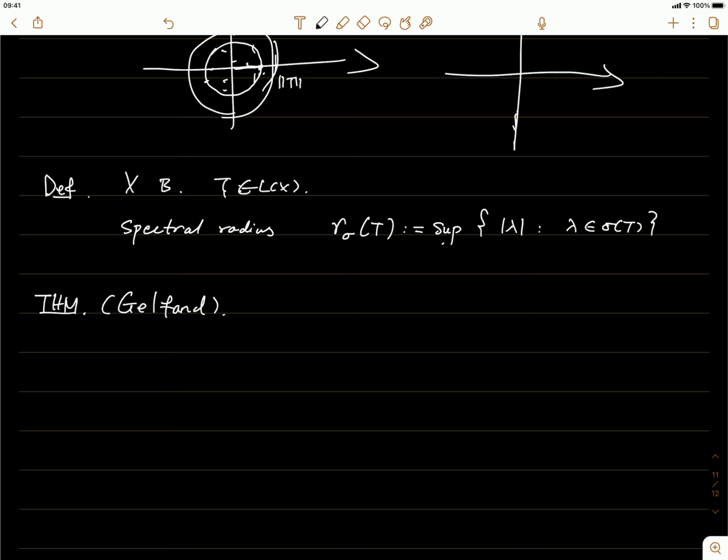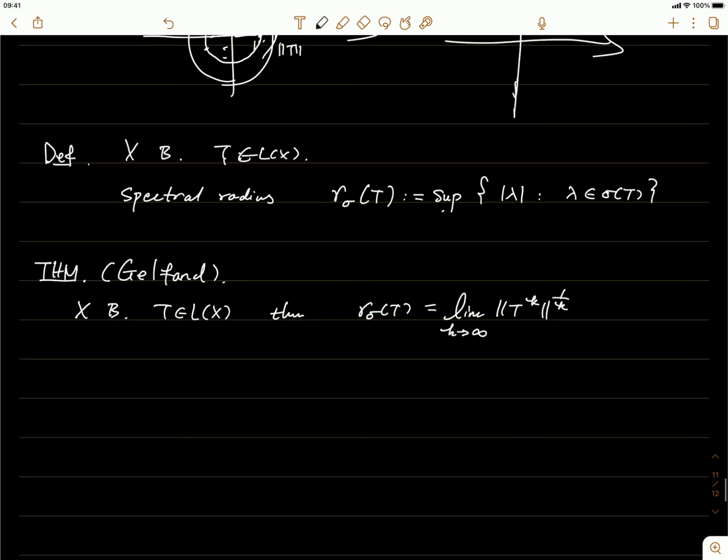What it says is, if X is a Banach space and T is a bounded linear operator, then the spectral radius of T is equal to the limit of the norm of T to the power k, to the power 1 over k, for k going to infinity. That's the tightest bound for this spectral radius.